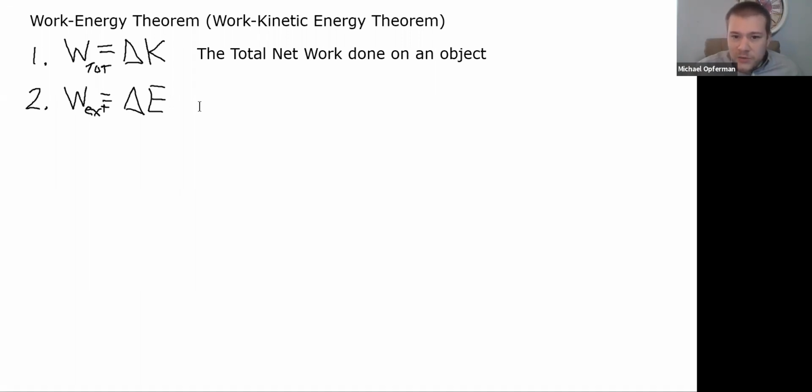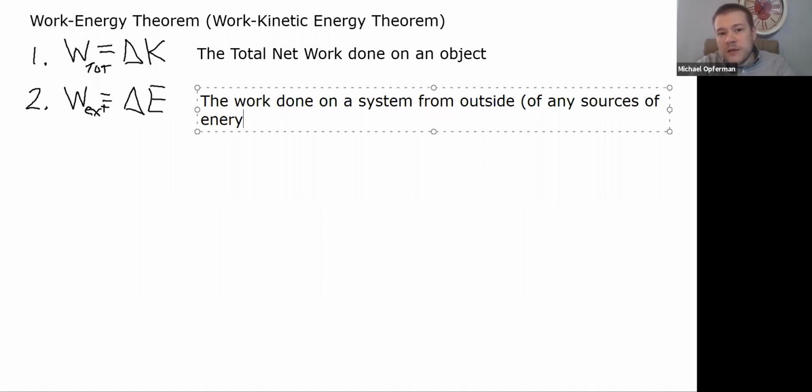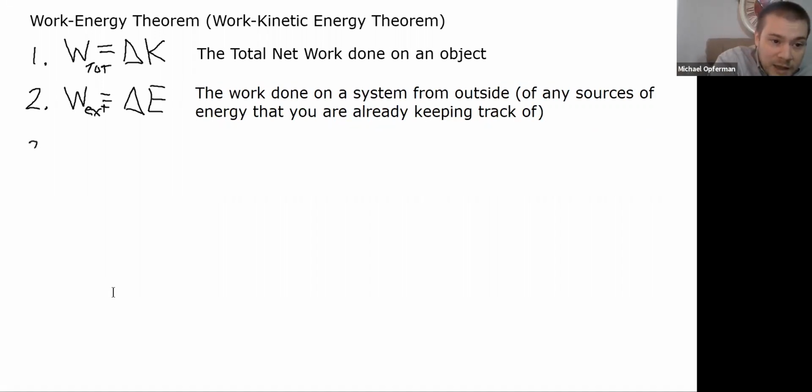What I mean by external work is that this equation can be used when you are talking about the work done on a system from outside, and by outside we mean outside of any sources of energy that you are already keeping track of. It's a little hard to put this in words, so sorry if it's a little confusing at first. Maybe I'll give you case number three, and it will become clearer by giving the opposite.